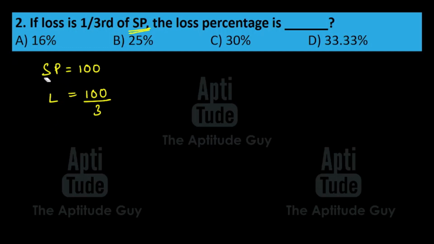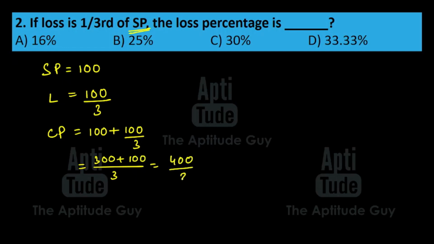In loss, selling price is less, so cost price is more. More means we have to add. So 100 plus 100 by 3, that is equal to, LCM is 3, so 100 into 3 becomes 300 plus 100, that is equal to 400 by 3.